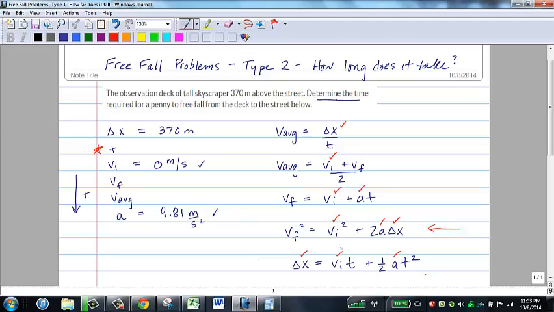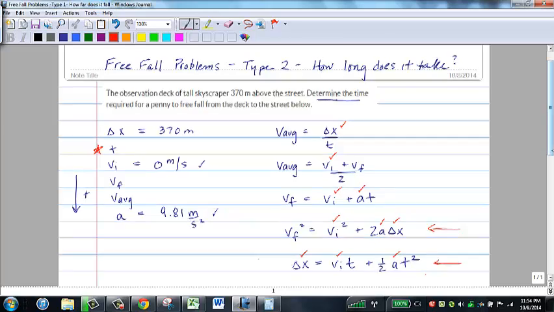It looks like the equation that we'll want to choose would be this last one, where delta x is equal to VI times t plus 1/2 AT squared. We know delta x and VI and A, and we're looking for t, and that has t as the last missing piece.